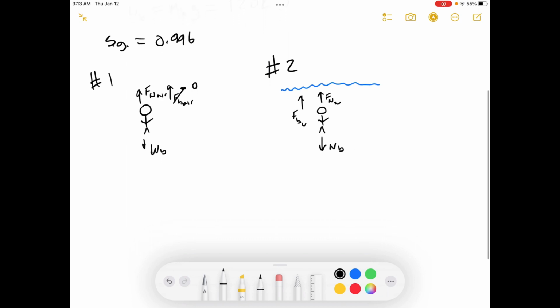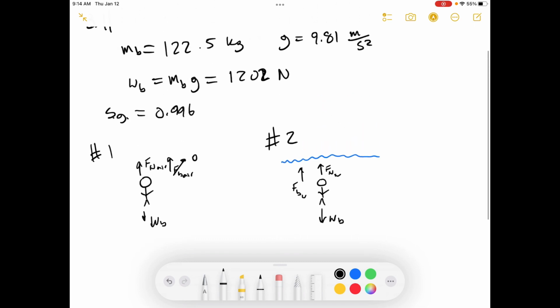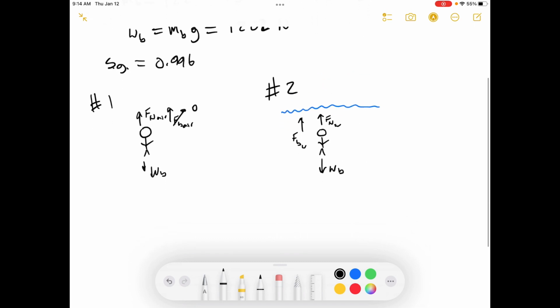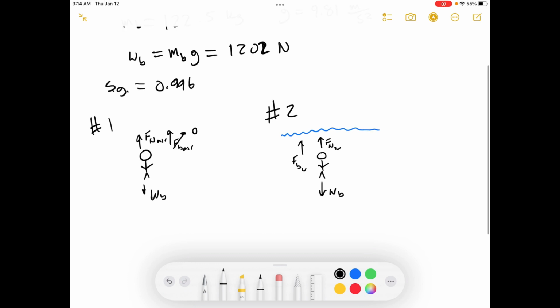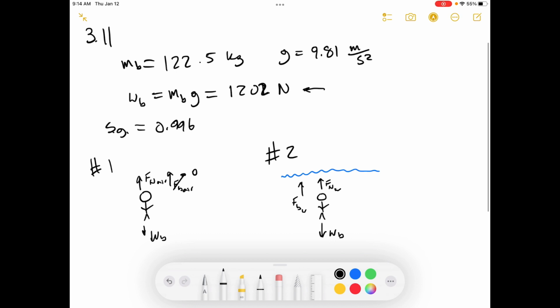So let's figure out how much. I'm going to write my convention that all of the forces acting in the downward direction are negative, and all the forces acting in the vertical upwards direction are positive. That means this weight actually becomes negative, and I'm going to write it as such in our force problems here.